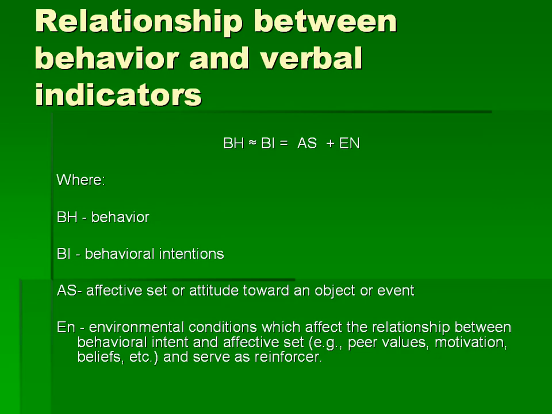Now, I'm suggesting that verbal indicators are equal to something I'm identifying as affective set. Now, affective set is a relatively stable attitude towards a particular object or event or an area. And in this equation, I suggest that your general value for something is influenced by environmental conditions, which affect the relationship between behaviors, behavioral intentions, and affective set.